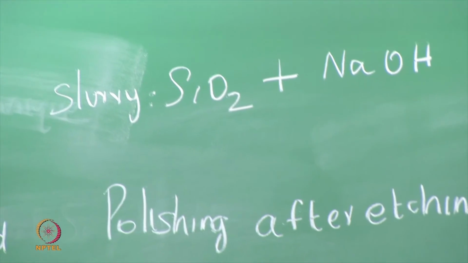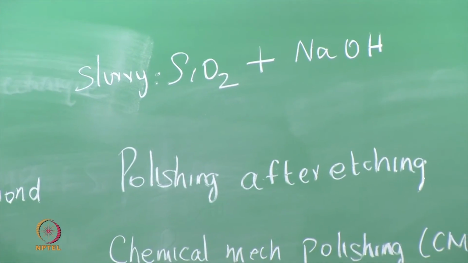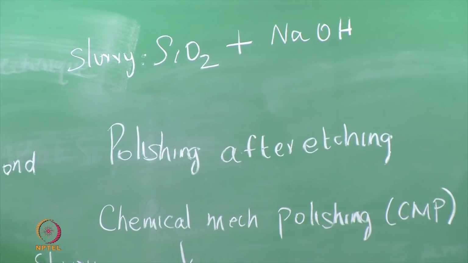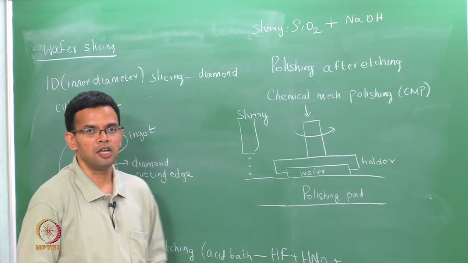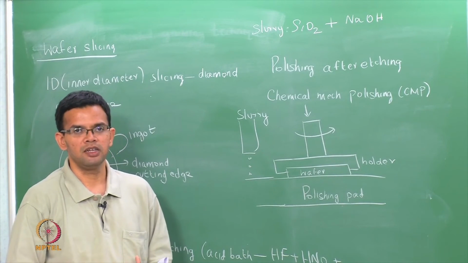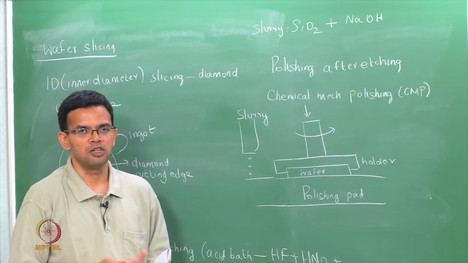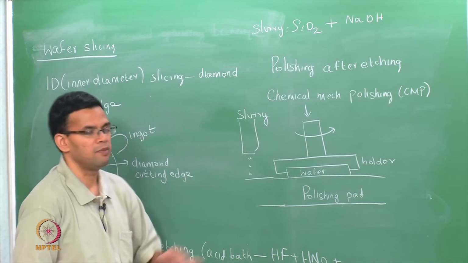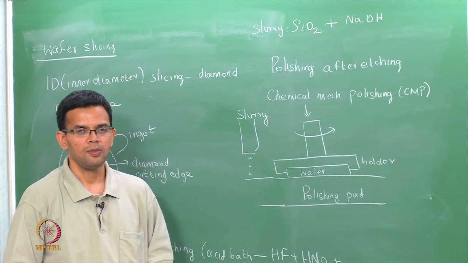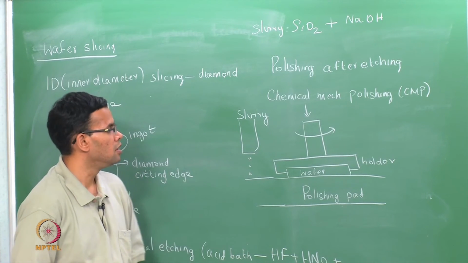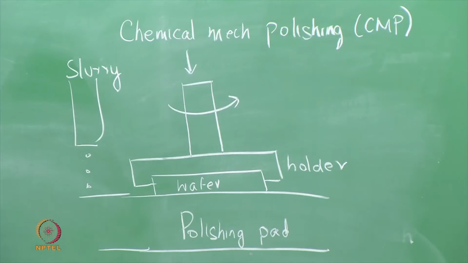The sodium hydroxide works in the form of a chemical reaction in order to dissolve any of the impurities and particles, and the SiO2 acts as an abrasive material in order to polish the surface. That is why it is called chemical mechanical polishing, because you have both a chemical component and a mechanical component. So, the surface of the wafer is polished.